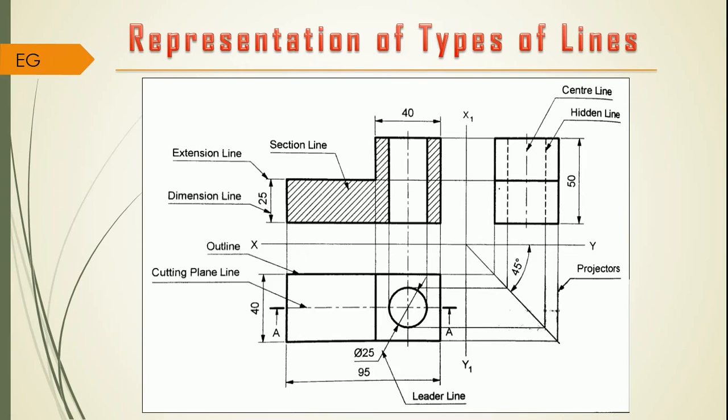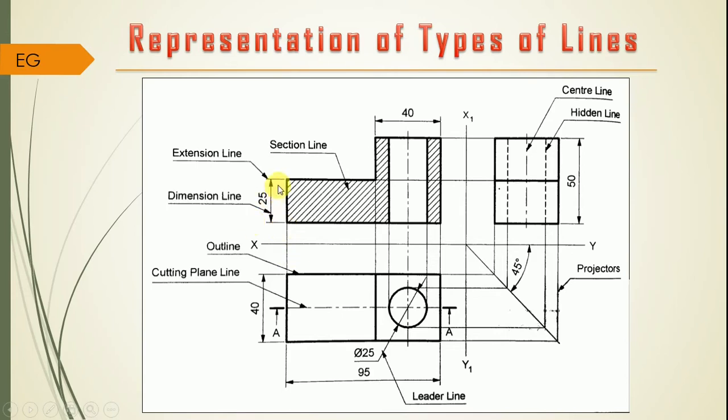Then next to it, the continuous thin line, which is of thickness 0.2 mm. So to draw the respective xy axis, x1 y1 axis, again to show the respective projections, to construct the top view from the front view, or the side view from the front and top view, whatever the projection lines we draw over here, these are called projection lines. And these projection lines are drawn with continuous thin line.